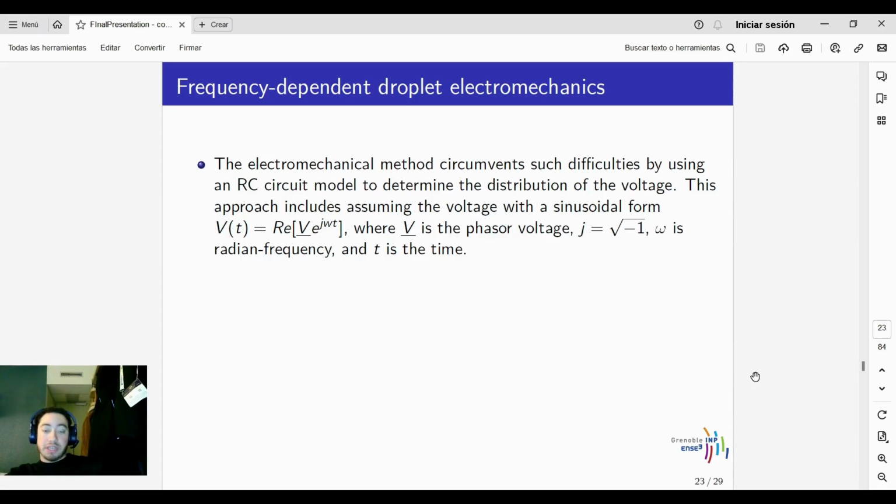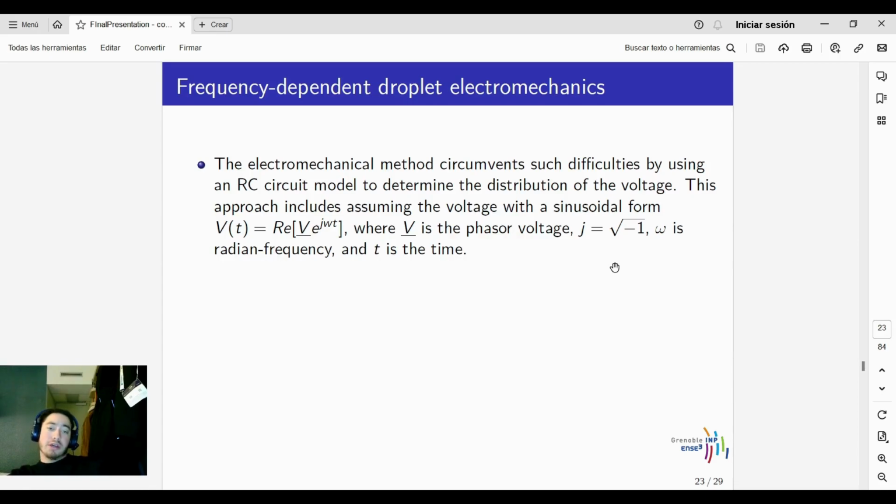So the approach that the author implements assumes that the voltage has a sinusoidal form described by this function, where V bar is the phasor voltage, the imaginary part is denoted by j, and w is the radio frequency.